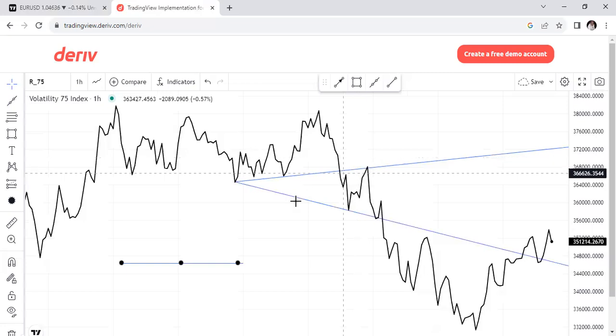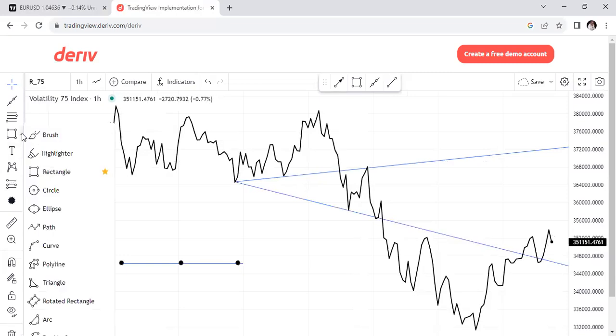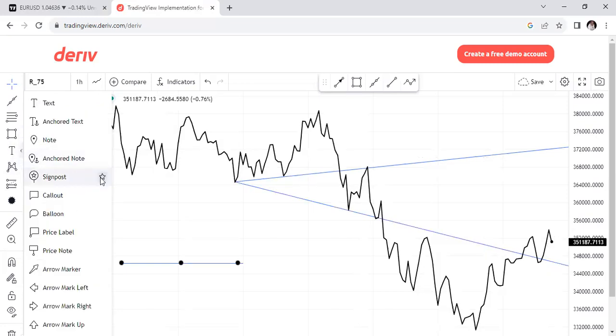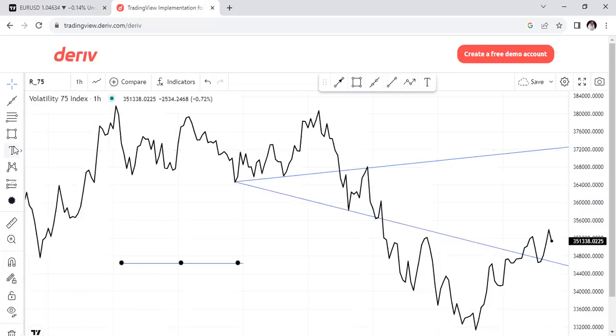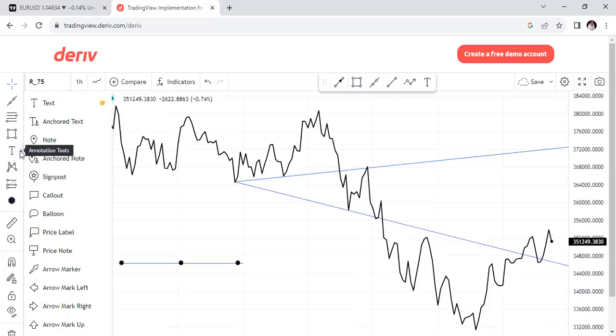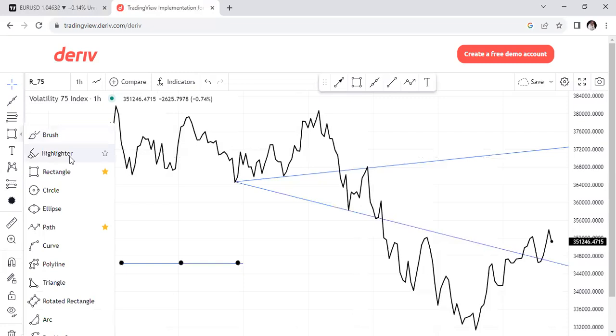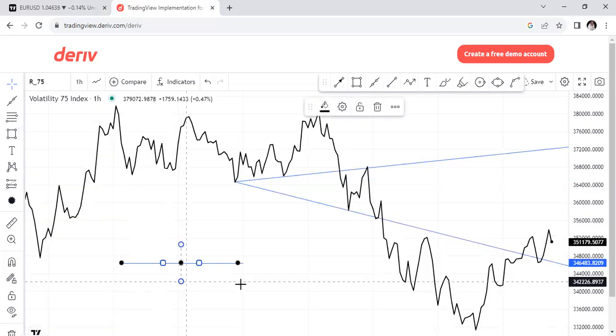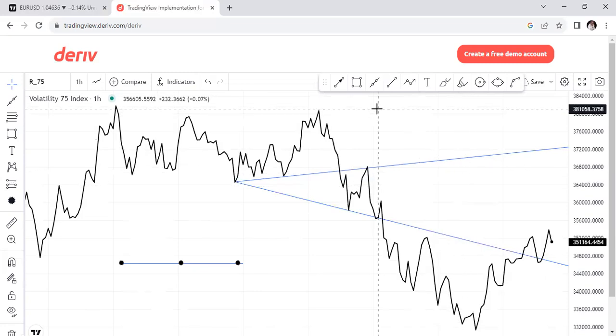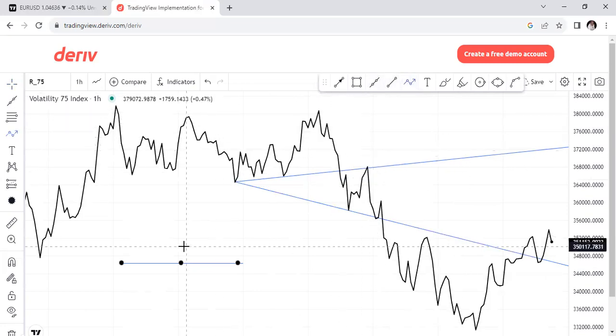We must learn how to draw this. So we can see that this is a breakout, right? That's a breakout. Something like this.